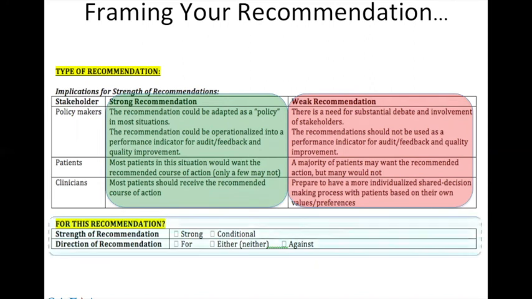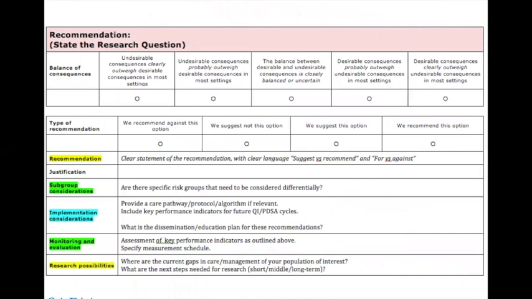And then finally, when it comes to writing the recommendation, it's either going to be a strong recommendation or conditional or weak. And it's either for the intervention of interest, against it, or neutral. So if you use the electronic version, you might see this blank grid at the end. So what's the recommendation? You put your question in the pink band at the top, your starting question.